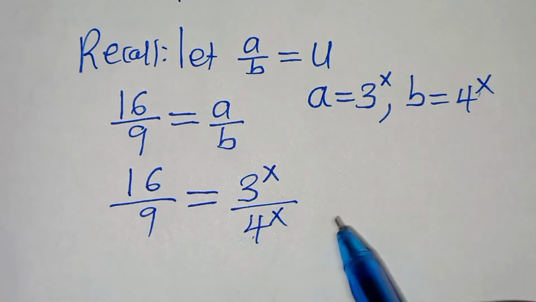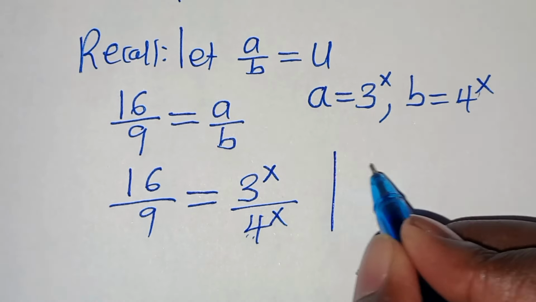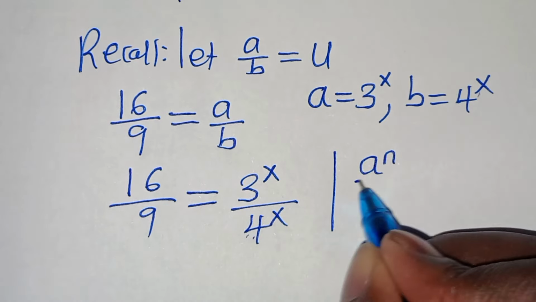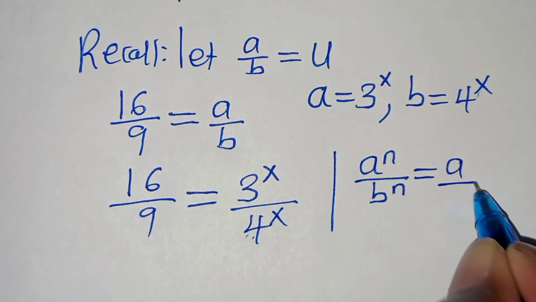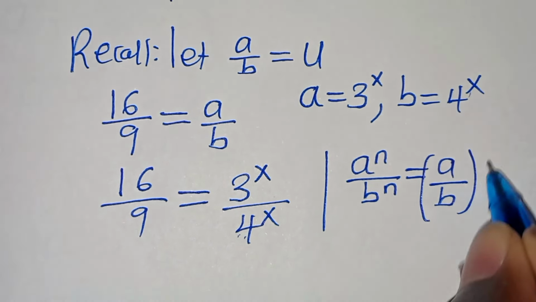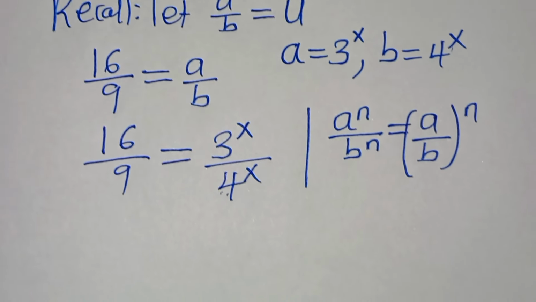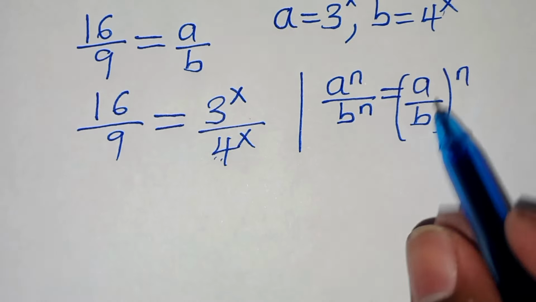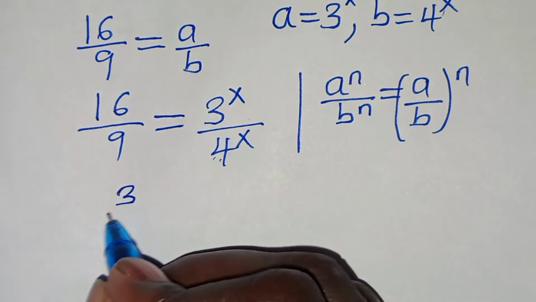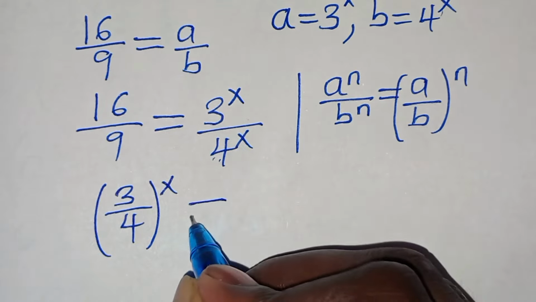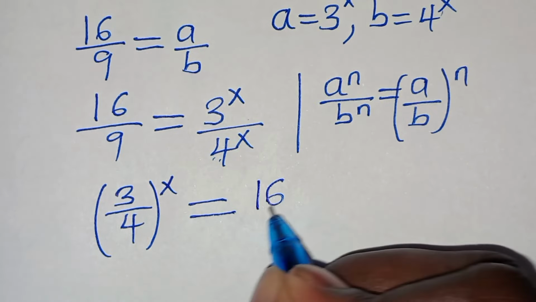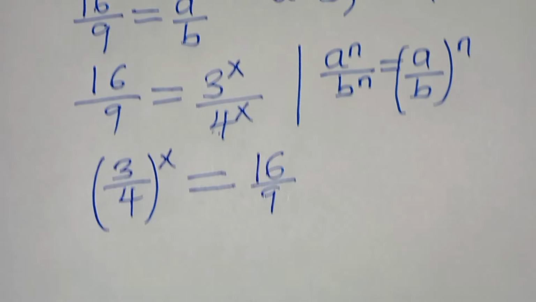So 3 to the power of x over 4 to the power of x, this is in the form of a to the power of n divided by b to the power of n, which we can express as a over b raised to the power of n. Applying this property, then we have 3 over 4 raised to the power of x. This is equal to 16 over 9.